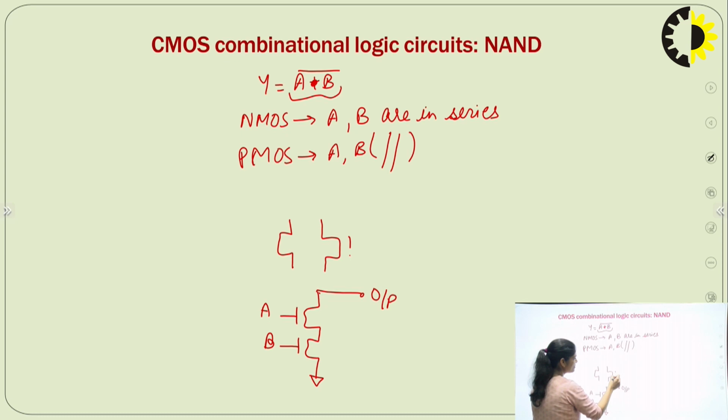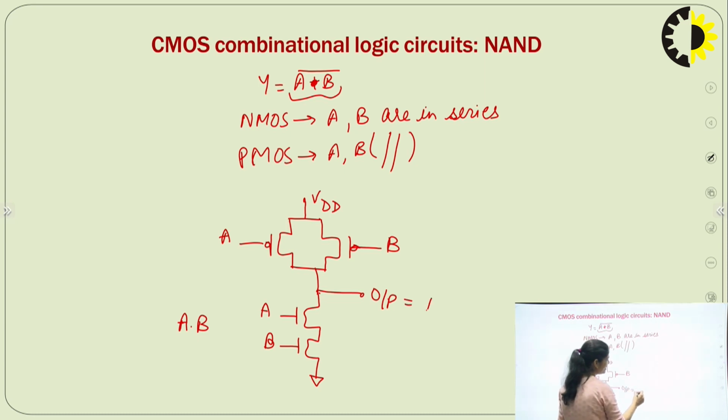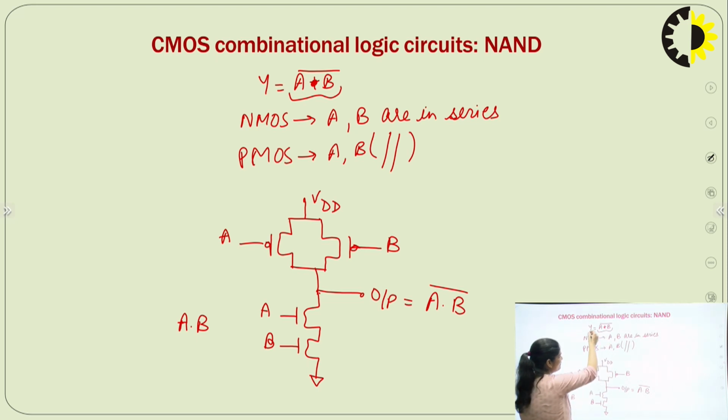In the case of PMOS, now in this case, your input is considered as A dot B. Means here A dot B is your input and you are getting output in the form of A dot B whole bar. It means you are getting Y equals (A dot B) whole bar while doing this CMOS implementation. So this is the CMOS implementation of NAND gate.